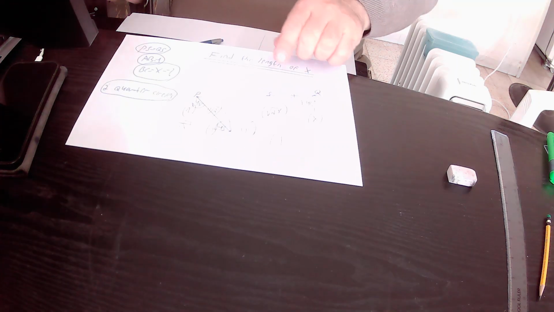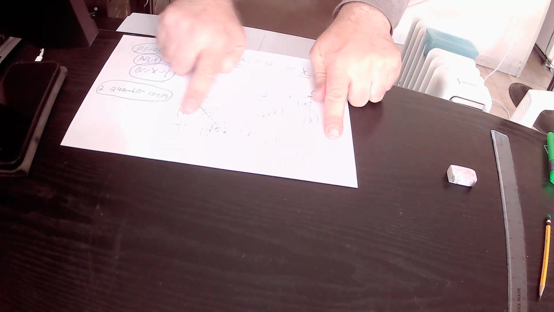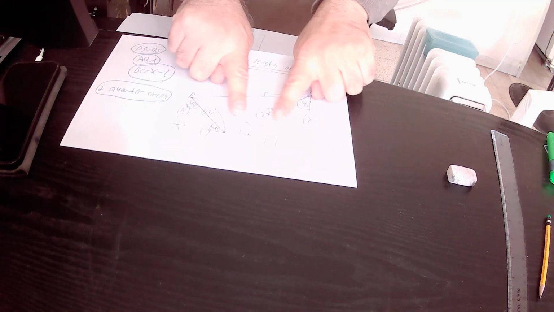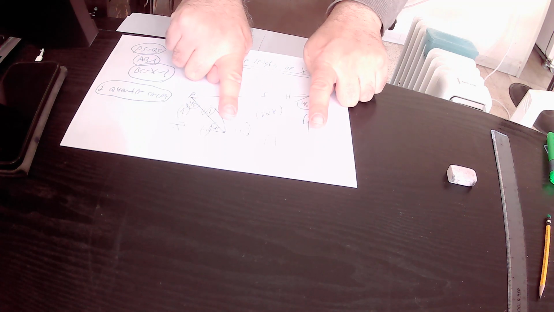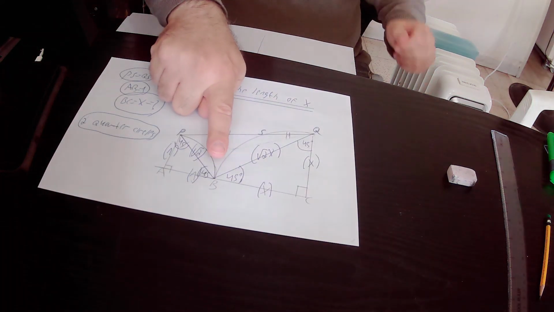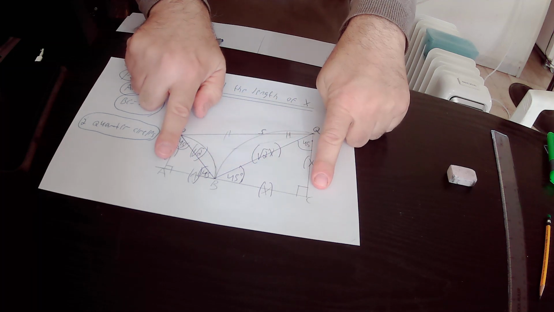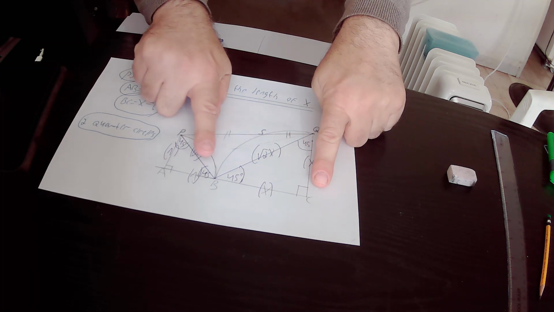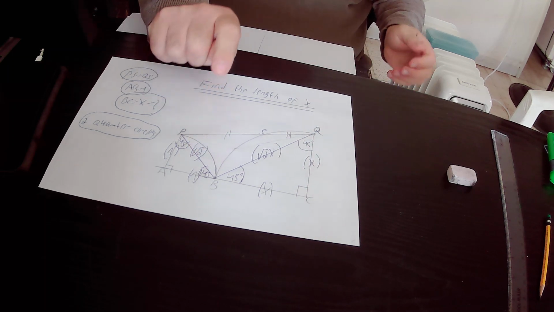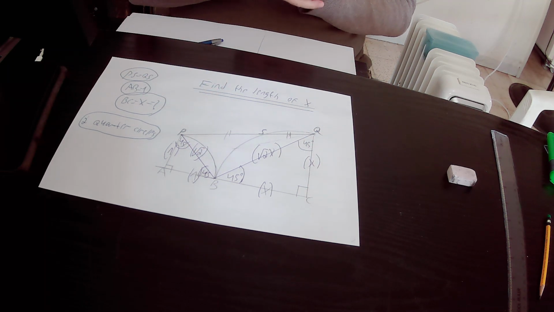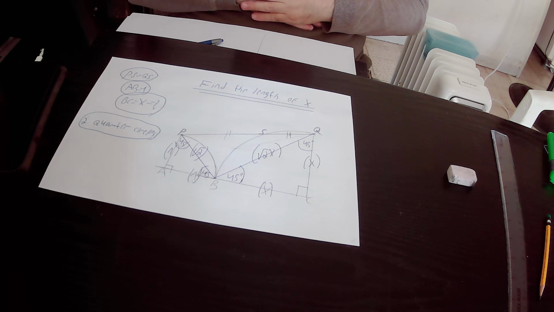Actually, we can implement rule number 3 in our drawing. Why? Because in our drawing, if you focus on the upper side of this straight line AC at point B, the sum of the angles must be equal to 180 degrees according to rule number 3.